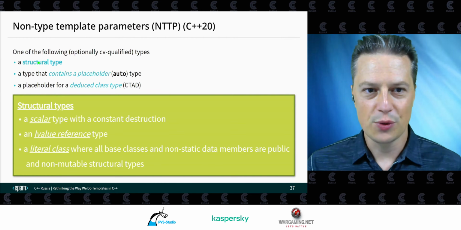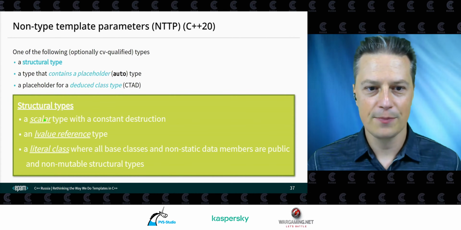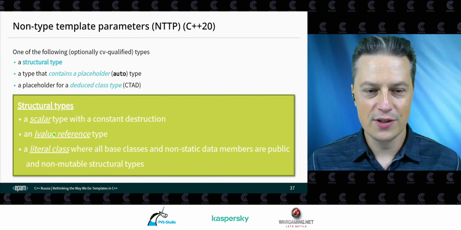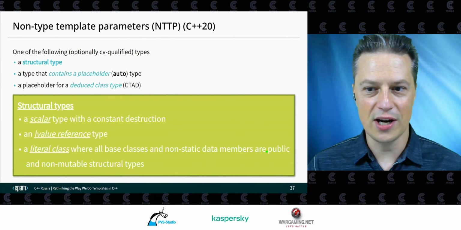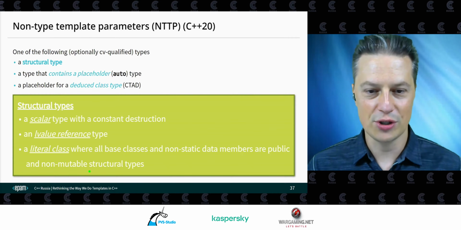And structural types, so this new definition is either a scalar, an lvalue reference, or a literal class where all base classes and non-static data members are public and non-mutable structural types.